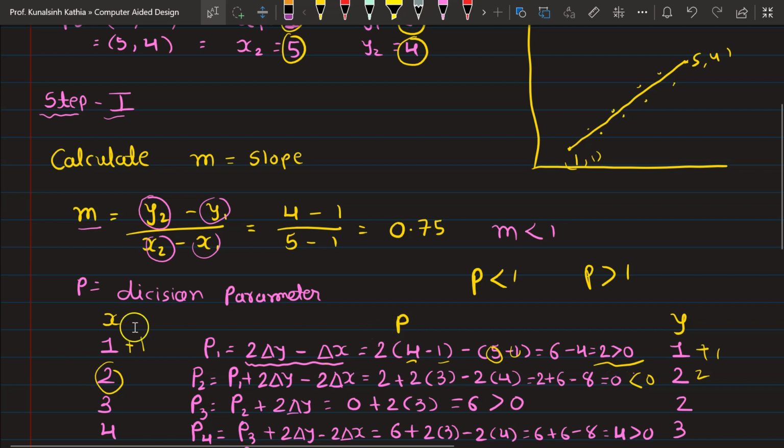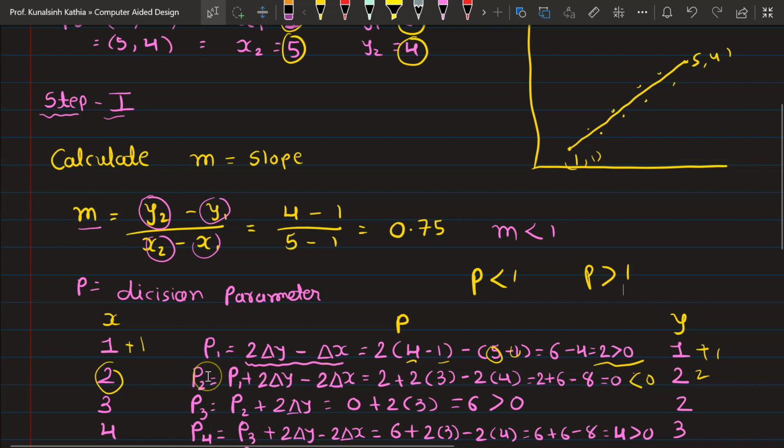Now my decision parameter p is 2, which is greater than 0. Hence I will add 1 to x and add 1 to y. So it will be 2 for the next step for x, and 2 for y. So it will be 2 and 2.